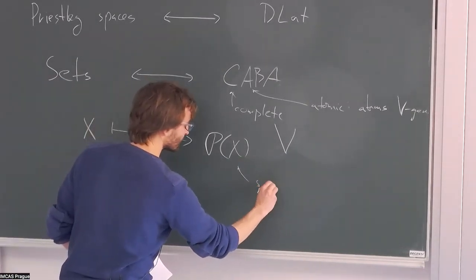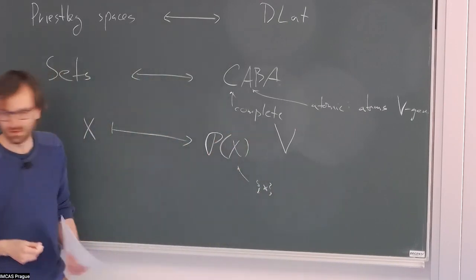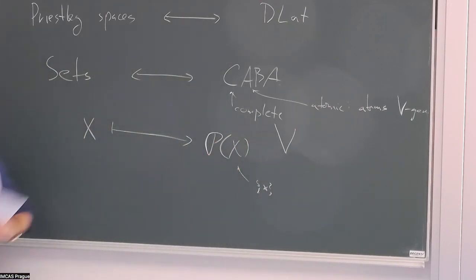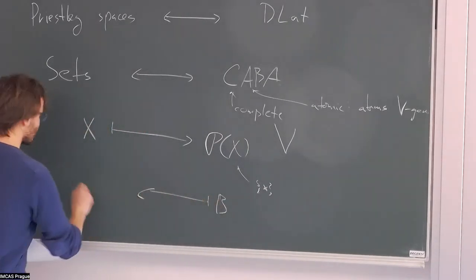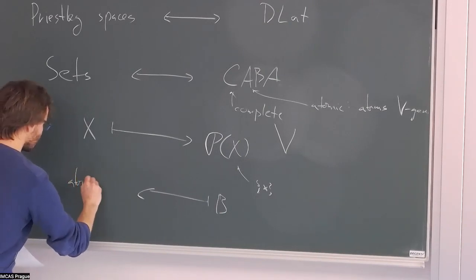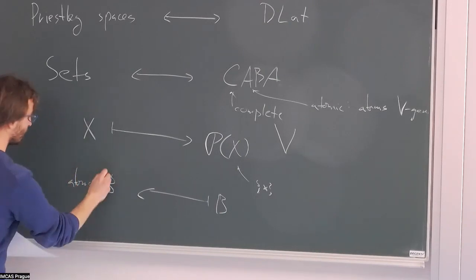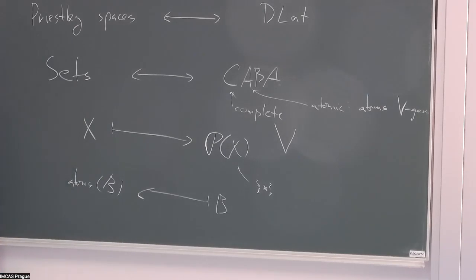So something like this would be the atom, and obviously that generates the whole algebra, right? And backwards, if I give you such a Boolean algebra, you just take the atoms, and that forms a set, surprisingly. But the point is, if you go there and back, you get the same thing.